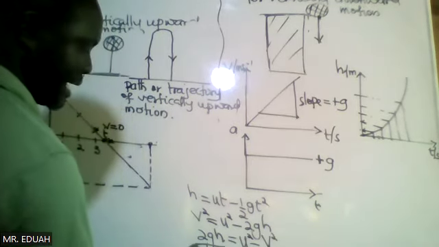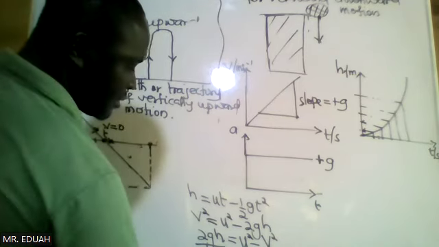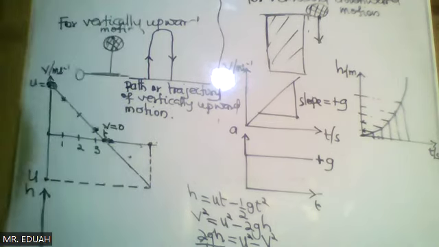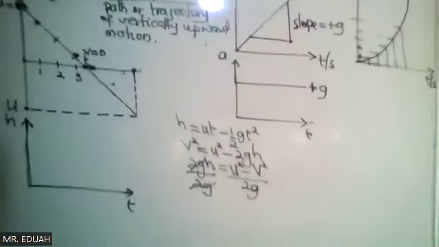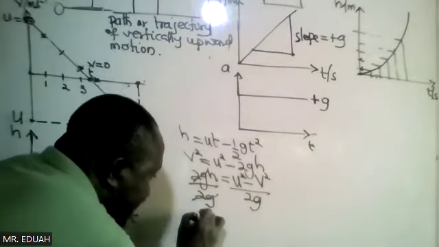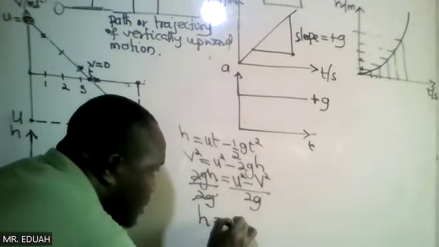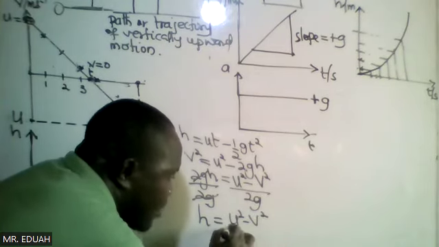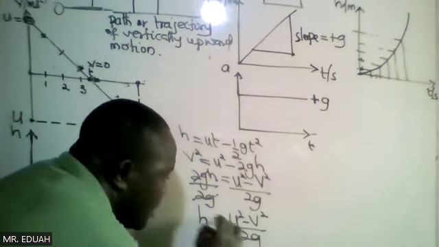Then we divide through by 2g. So finally, we have the vertical height h equal to u squared minus v squared over 2g.